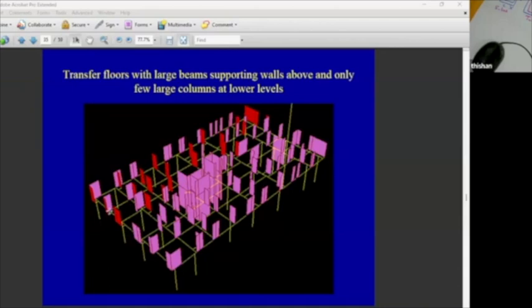So don't get confused: in the case of architects, when they are generating a 3D view, they must generate what it actually looks like. But for the engineers, what matters is the behavior. What matters is the behavior. So what shall we do? We must represent the correct behavior, not the correct shape.